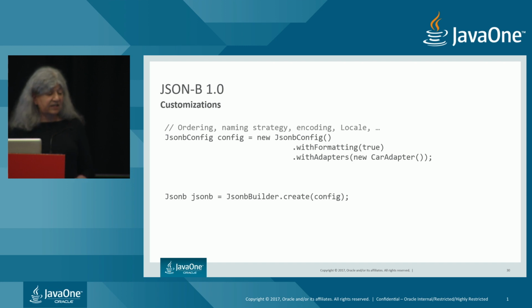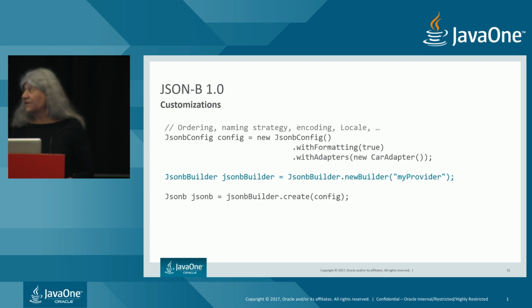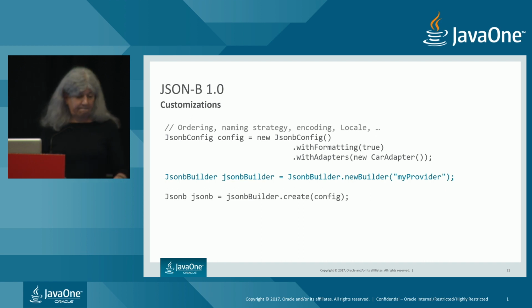And then we pass this config to JsonbBuilder, and it will be used when we do our serialization and deserialization. We could also specify here, again, using the builder, that we want to use a particular provider. So this is just an intermediate step in the configuration.